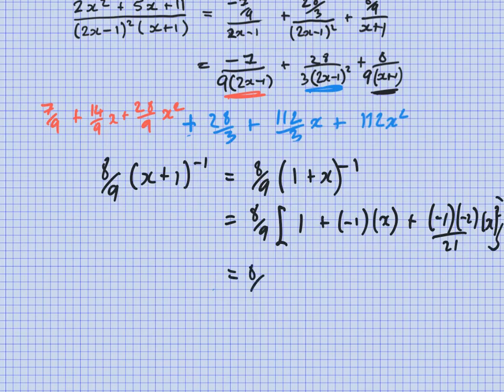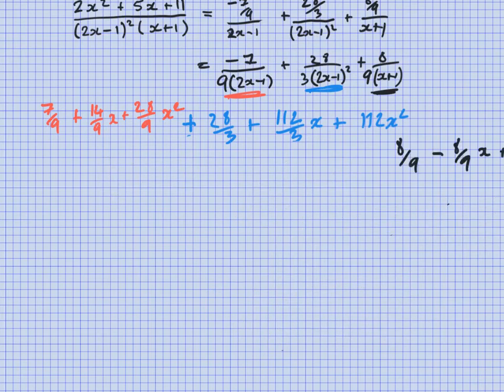Tidying that up, I get 8 over 9 times 1 minus x plus x squared. Nice. So that gives me finally 8 over 9 minus 8 over 9x plus 8 over 9x squared. And I'll just move that up with its friends.